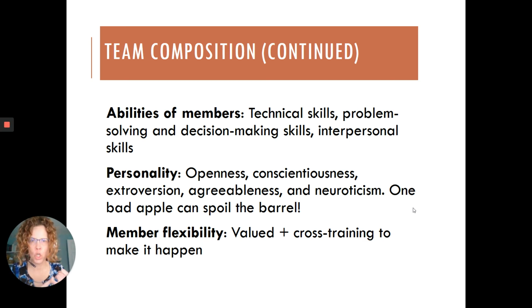You're going to need to know corporation finance, some accounting, some marketing, some management, some IT. Those are all technical skills, okay? And ideally, you want to make sure that whatever technical skills are needed to do the job, at least somebody's got those skills.